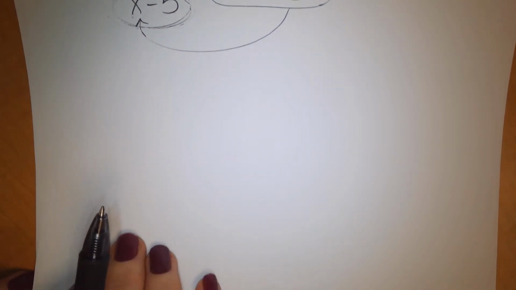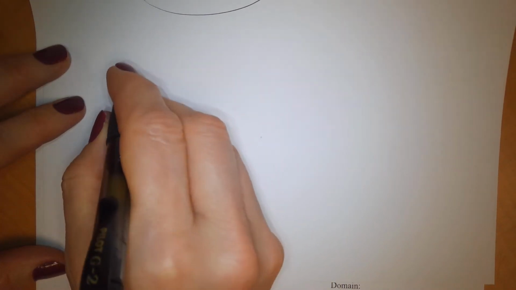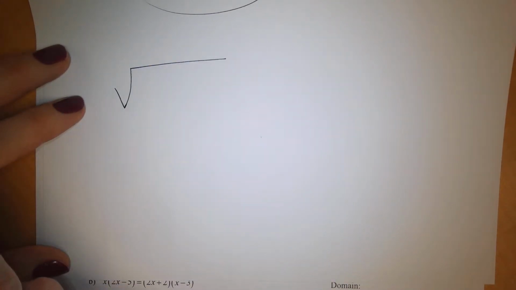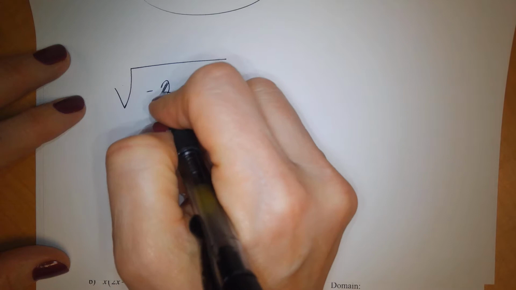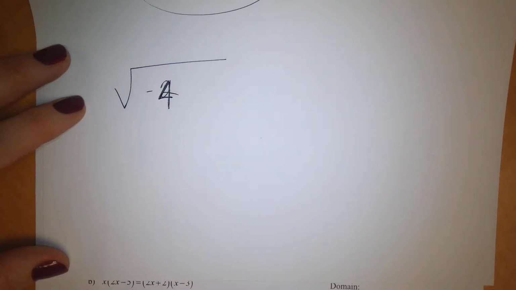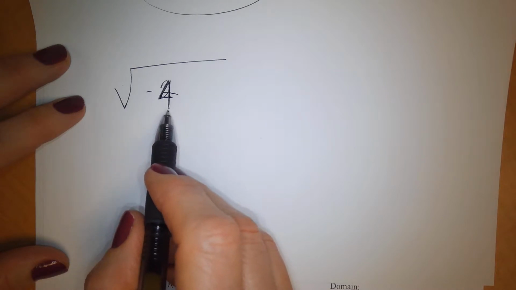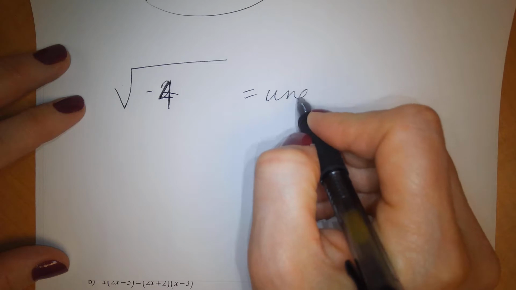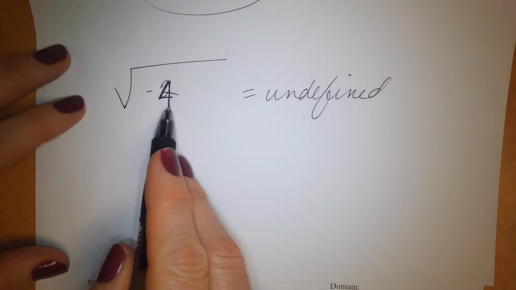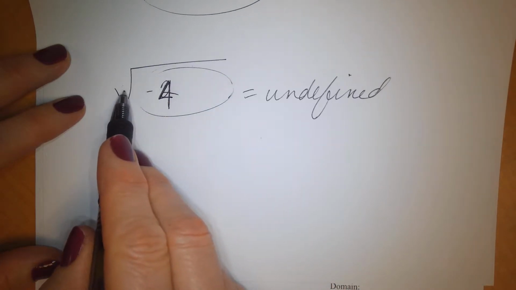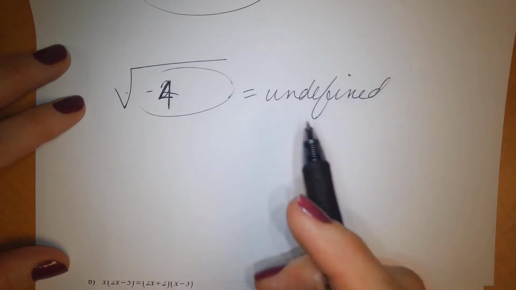Another thing that makes your domain undefinable is when you have negative numbers under even root symbols. So for example, I cannot take the square root of negative, well, let's make it 4. I cannot take the square root of negative 4. There is no number times itself that will ever give me negative 4. This is also undefined. So any number that is negative underneath an even root symbol will always give you an undefined or error in your calculator.